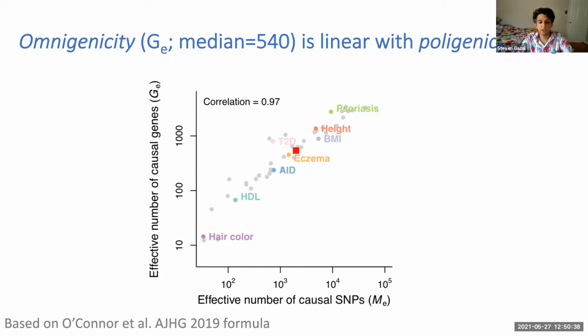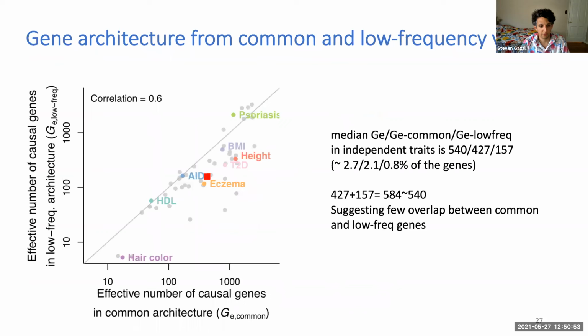Then we asked how different those genes impacted by common variants and low frequency variants are. So we stratified the signal by the frequency of the SNPs.